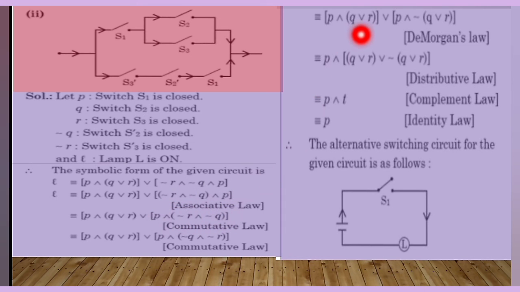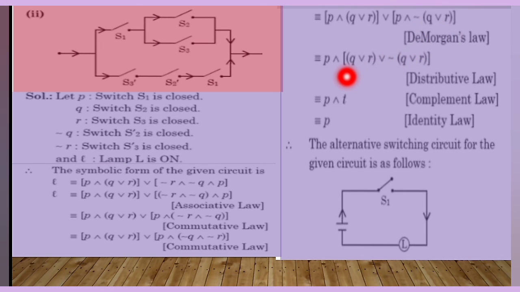Now again we apply De Morgan's law. The first bracket is written as it is, this bracket as it is, and again P or in bracket P and negation Q and negation R. Right, here negation in bracket Q or R. This is De Morgan's law.